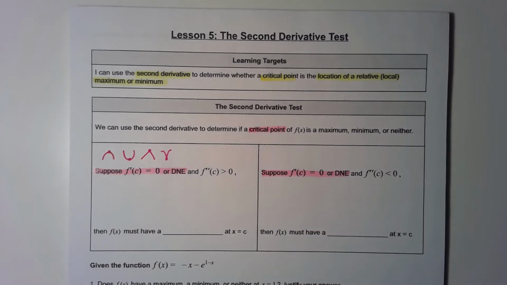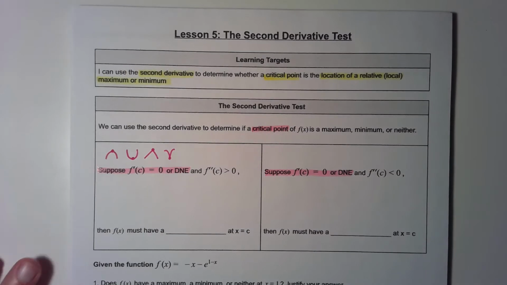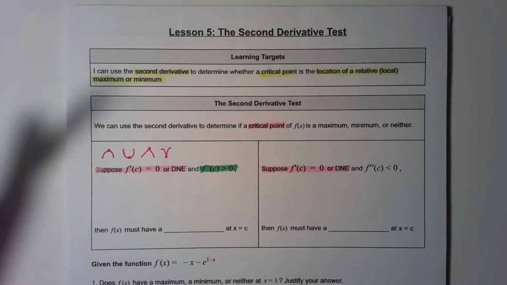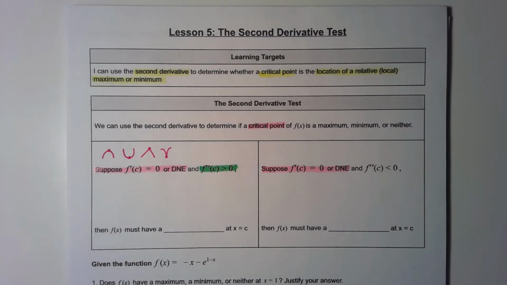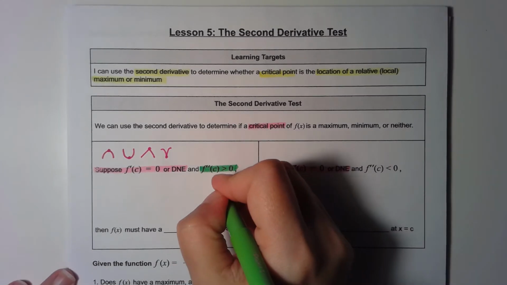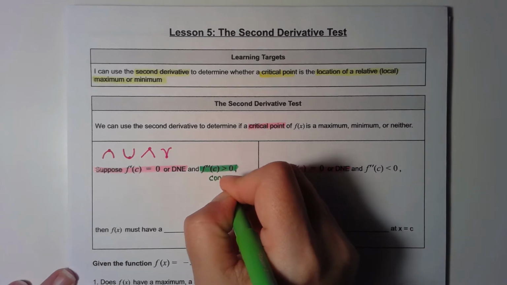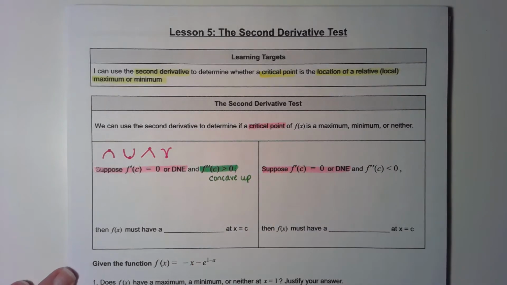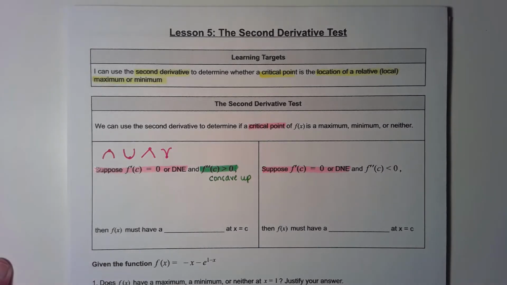If the first derivative is 0 or does not exist, and the second derivative is positive. Now remember, we're looking at the second derivative here. The second derivative being positive means that my function is concave up. So I know that now my graph is concave up. And I know that my first derivative is already 0 or does not exist.